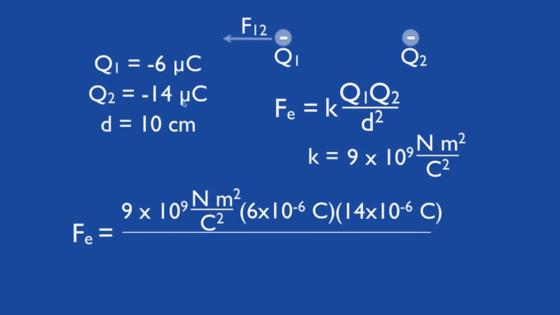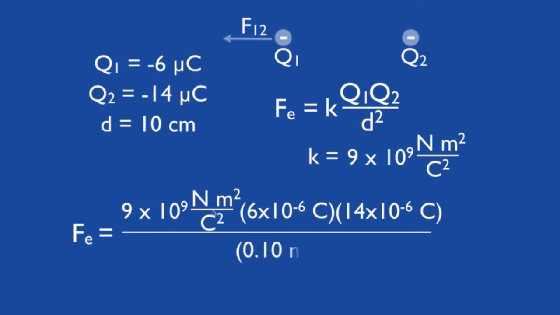Micro means 10 to the minus 6. If it was nano, it would be 10 to the minus 9, and pico is 10 to the minus 12. You would do the conversion on a piece of paper, but just stick a 10 to the minus 6 for micro or 10 to the minus 9 for nano, and you will have your coulombs.